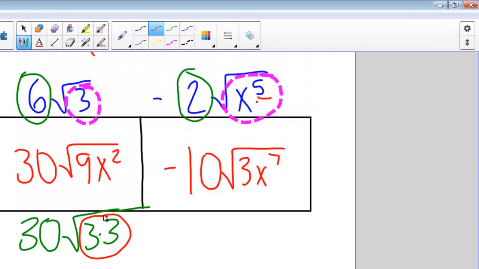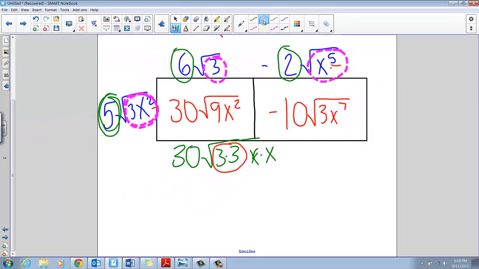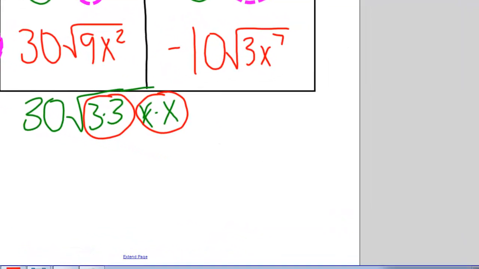What I also know is that x squared is x times x, which is also a pair. So now I have my 3 and my x will come out front, so 30 times 3 times x, and nothing is left under the radical, so I'm just going to forget about it.